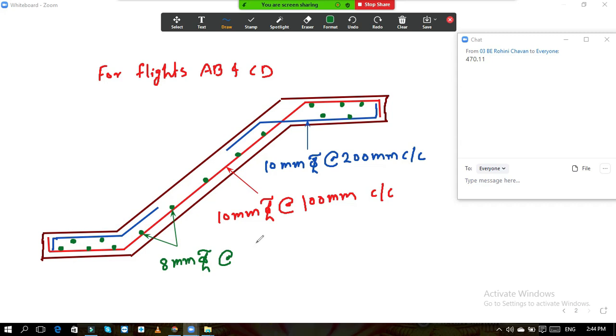I forgot. What was the spacing we have calculated? 200. Okay, 200 mm center to center, and this length is nothing but your development length. Okay, this is your LD, development length, what you have calculated.